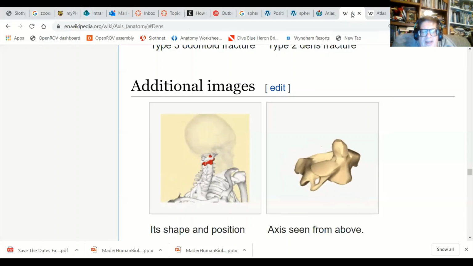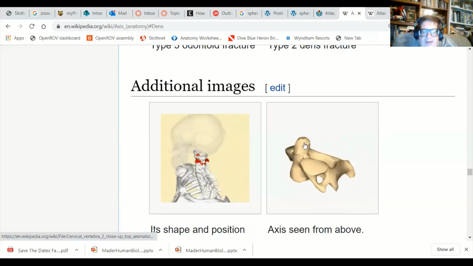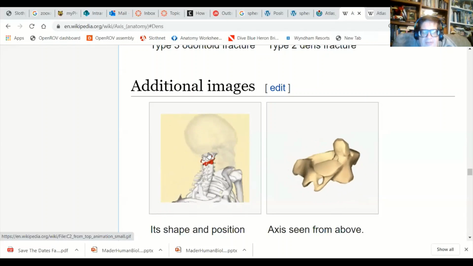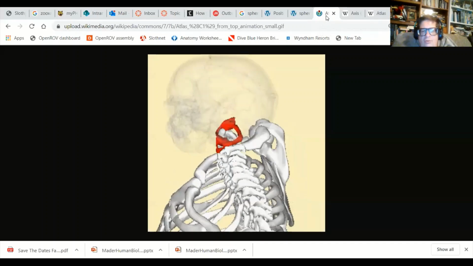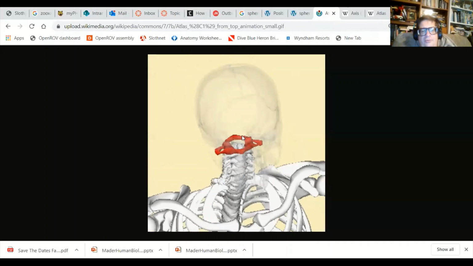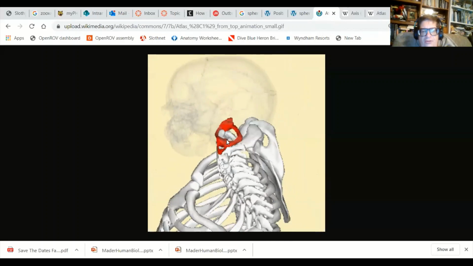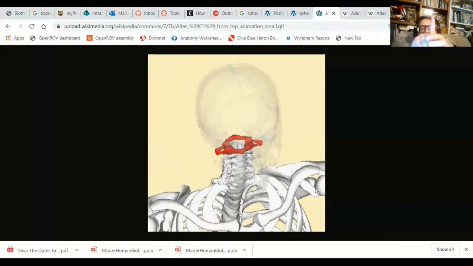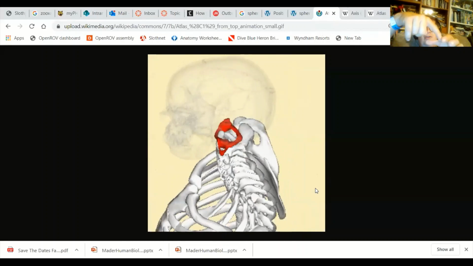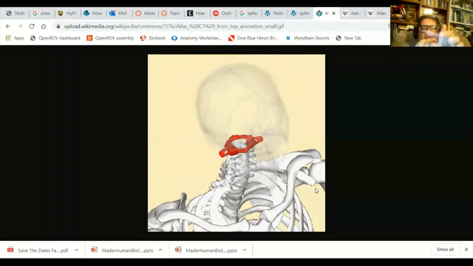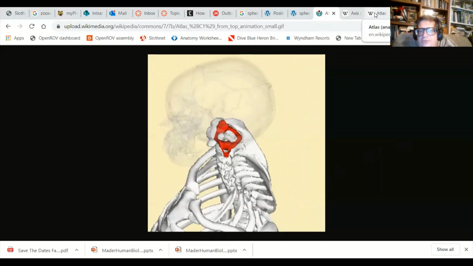So here we have the axis, and you can see the sticky up part right here, the dens. It sticks up there, and you might say, well, how could that rotate? How could the atlas rotate around it? Well, the answer is that you have a little ligament that goes across there. So the dens is sticking up in a hole that is bone, bone, bone, bone, ligament going across from one side to the other.